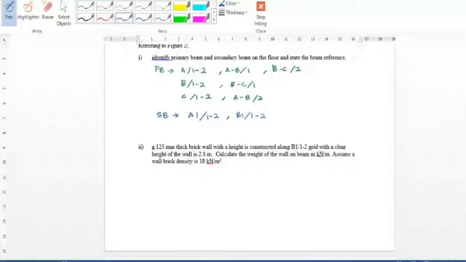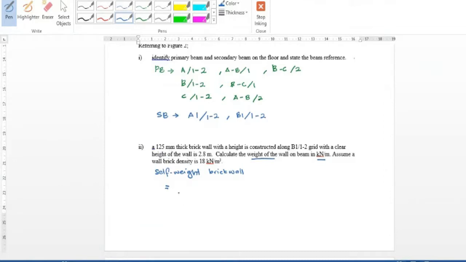What is meant by the weight of the wall here? It means we have to find the self weight of the brick wall, in kilonewton per meter. So how to find it? It's equal to 125 millimeter.